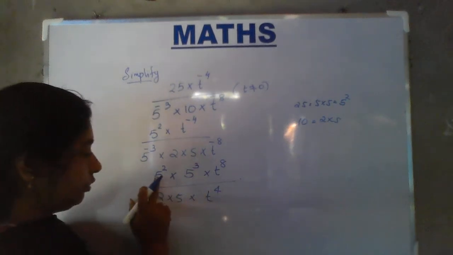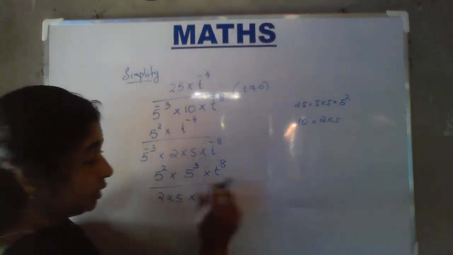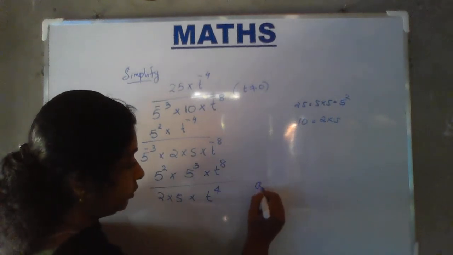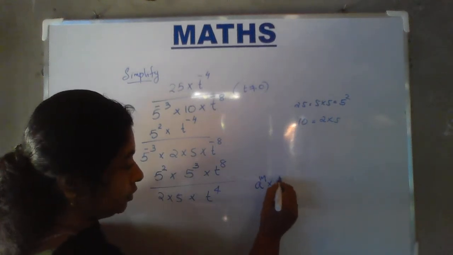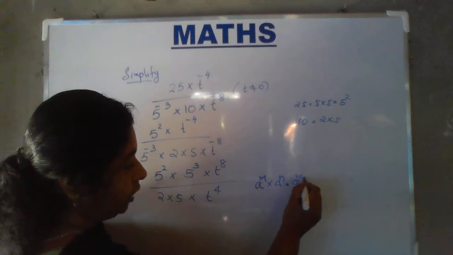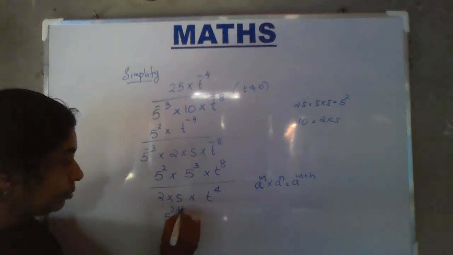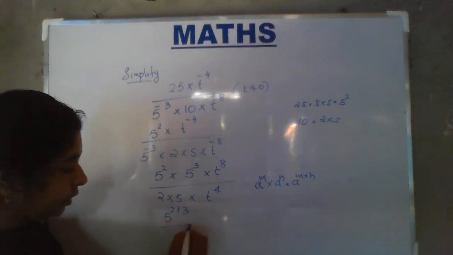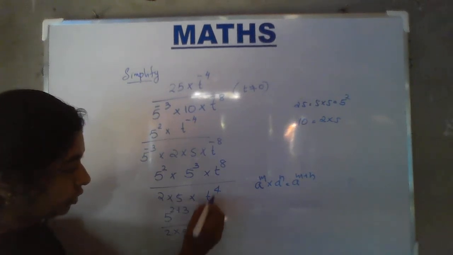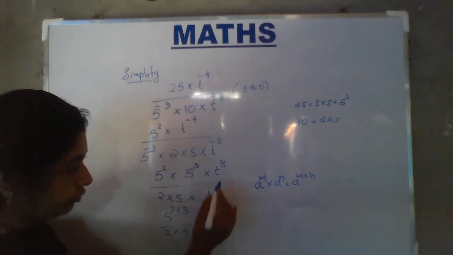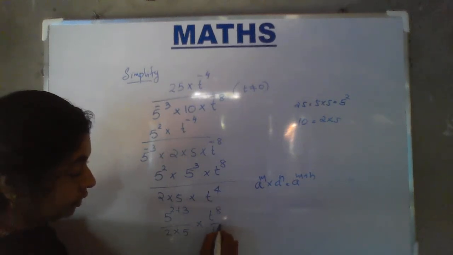Now here 5 raised to 2 into 5 raised to 3 is of the form a raised to m into a raised to n, that is a raised to m plus n. So we can write this as 5 raised to 2 plus 3 by 2 into 5, combining the powers of t raised to 8 by t raised to 4.